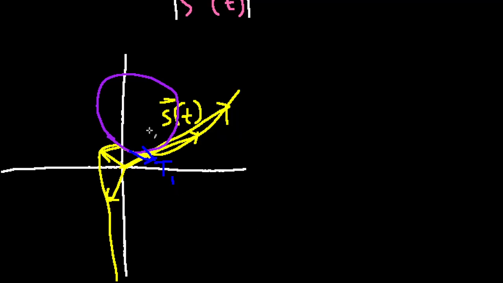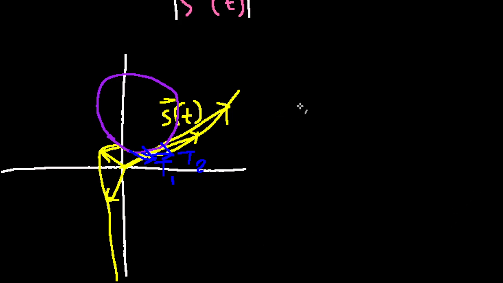And let's say that if we take one more step along this curve, then we end up with a different tangent vector. Let's call that one T2.